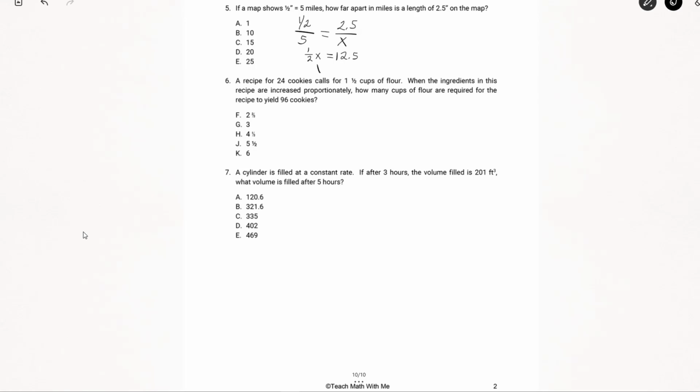We multiply through by 2, and we get 25. So 2.5 inches is equal to 25 miles, and that is answer choice E.